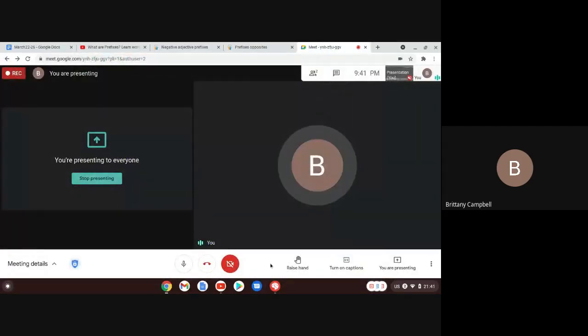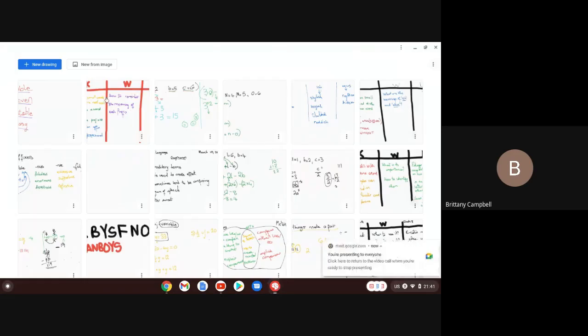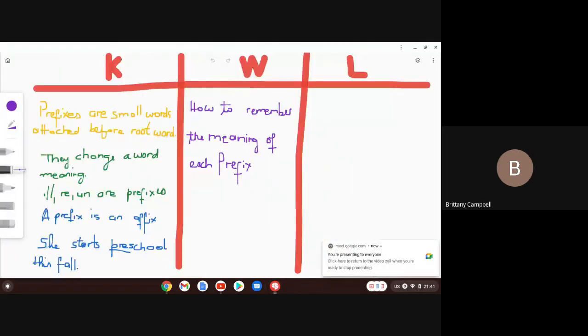So let's jump right back to our KWL chart. Now, what have we learned? Do we have any questions, any concerns just before we fill this out? Okay, no questions, no concerns. All right, so what have we learned? All right, so a negative, I know that would be the first thing, right? The emphasis being placed there.